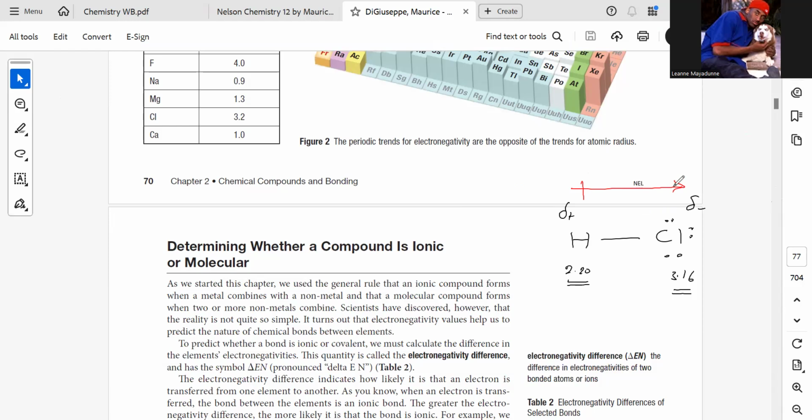When will you make that arrow? When it is polar covalent, not pure covalent.